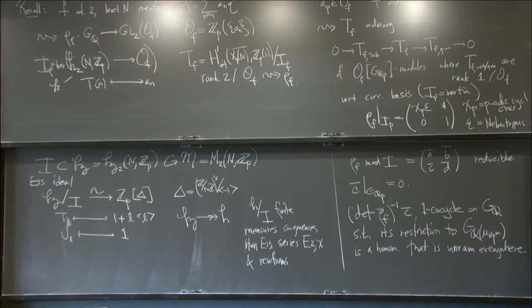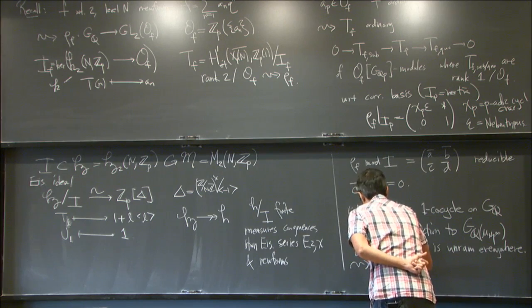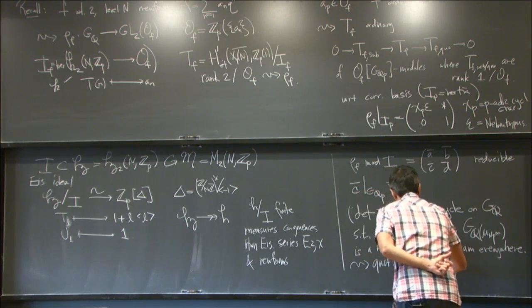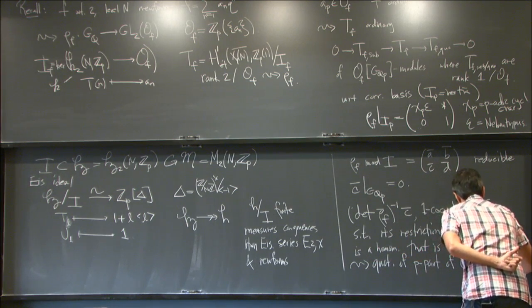So that gives us a quotient of the p-part of the class group of Q(mu_N) in the end.